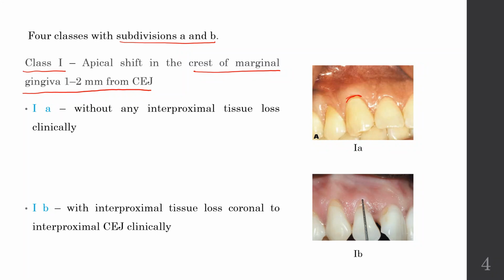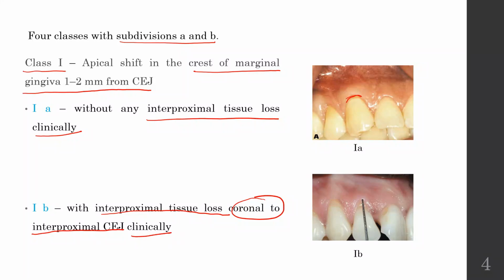It is further subdivided on the basis of interproximal tissue loss. So it is said to be in the class 1A if there is no interproximal tissue loss present clinically, and 1B when there is interproximal tissue loss but this loss is coronal to the interproximal CEJ clinically.